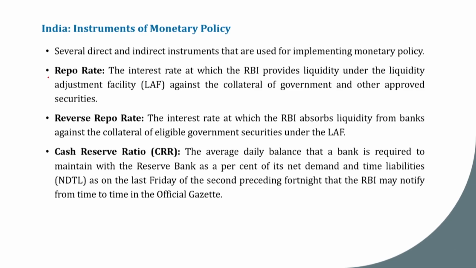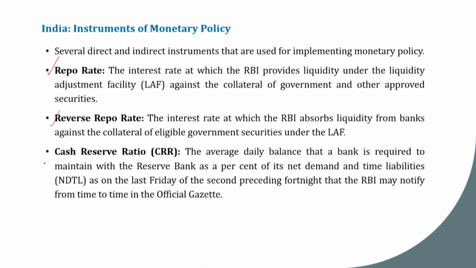One, the most prominent, is called the repo rate. That is the interest rate at which RBI provides liquidity under the liquidity adjustment facility against the collateral of government and other approved securities. And the reverse repo rate is the interest rate at which RBI absorbs liquidity from banks against the collateral of eligible government securities under the LAF.